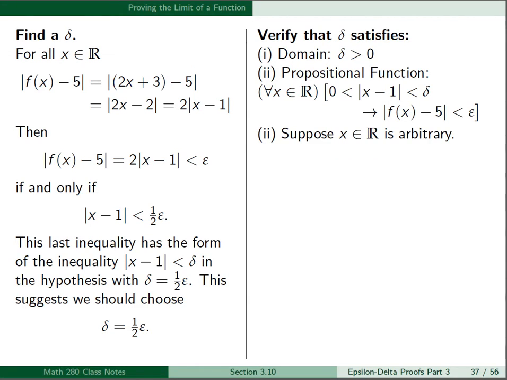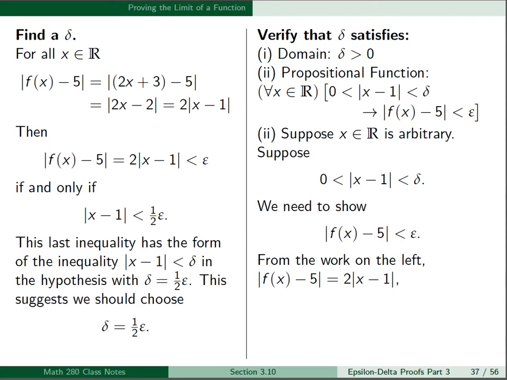And for the propositional function, we'll suppose x in R is arbitrary, and we'll suppose the hypothesis 0 less than |x - 1| less than delta, and we need to show |f(x) - 5| is less than epsilon. Now from the work on the left, we know that |f(x) - 5| is equal to 2 times |x - 1|.